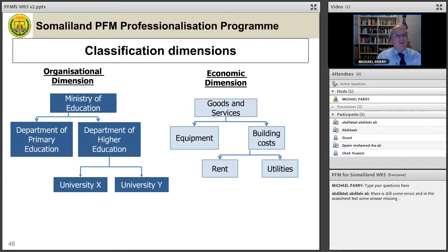So at the top you will get, for example, ministries, subdivided into departments, and then subdivided under departments, for example, for higher education between different universities. And similarly, the economic dimensions will be organized hierarchically. So you've got a category of goods and services, which might be subdivided into equipment and building costs, and then building costs into rent and utilities.